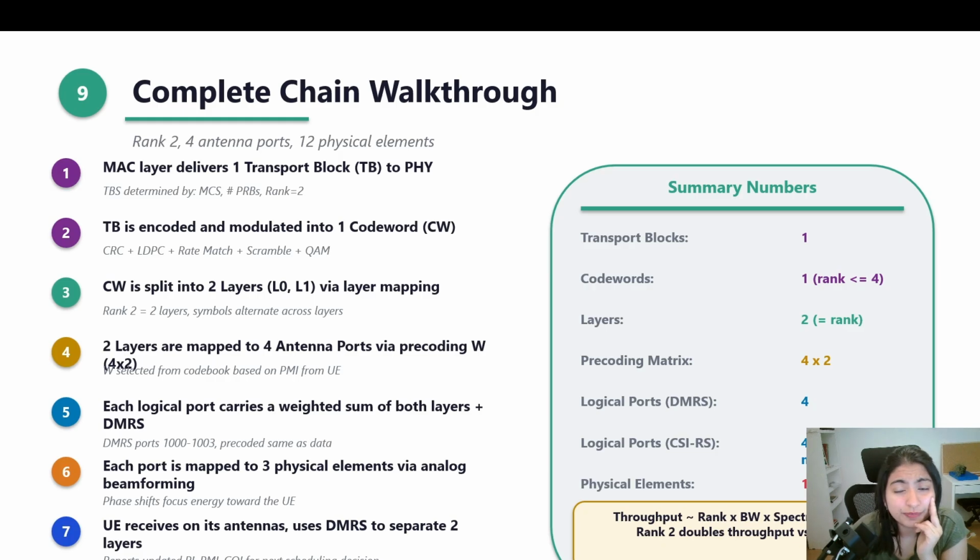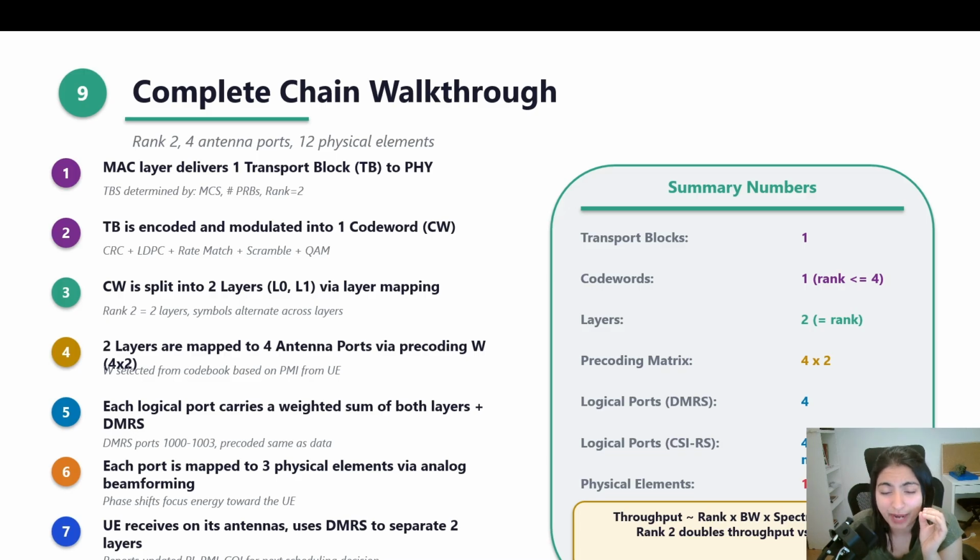Now that we have covered each of the components one by one, let us again reinforce the complete RAN processing chain. So let's say that MAC delivers one transport block to PHY. The transport block size is determined by the modulation coding scheme, the number of PRBs, and the rank of the channel.